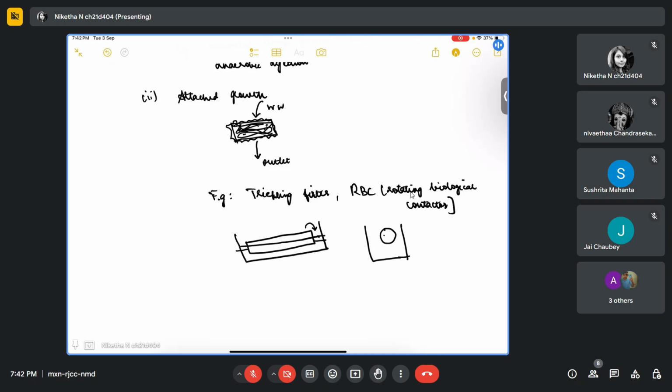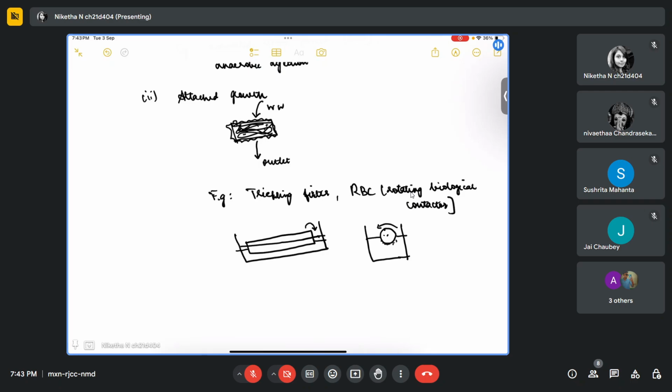Suppose your rotator is like this. This is the central axis, and you have wastewater. So when it keeps rotating, this is the portion that is not dipped in the wastewater, and this is the portion that is dipped in wastewater. So when the rotator rotates, it will get dipped in the wastewater first, and then it will come up, and then it will go down again.